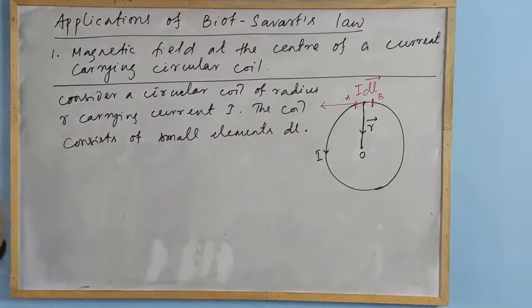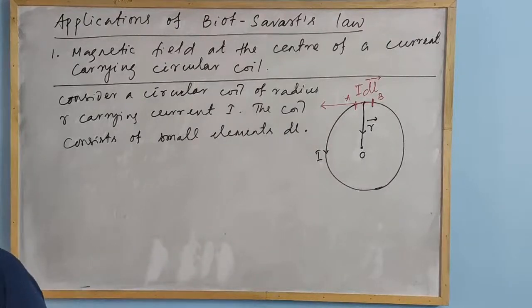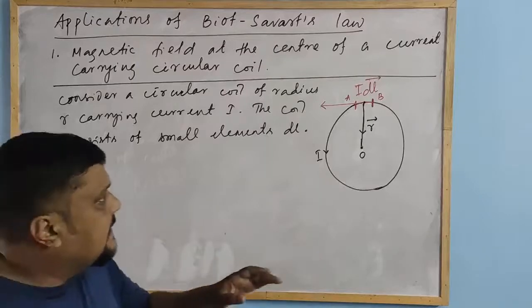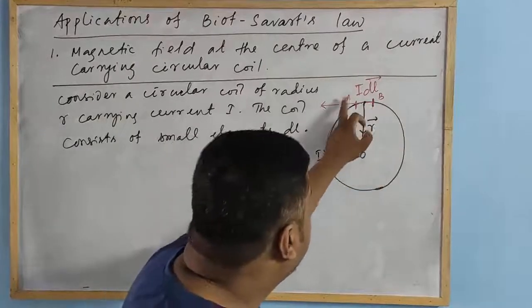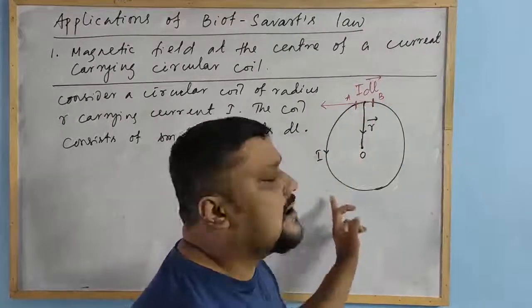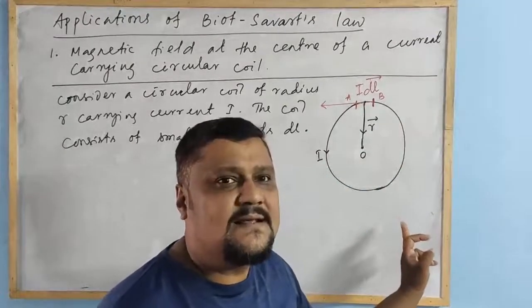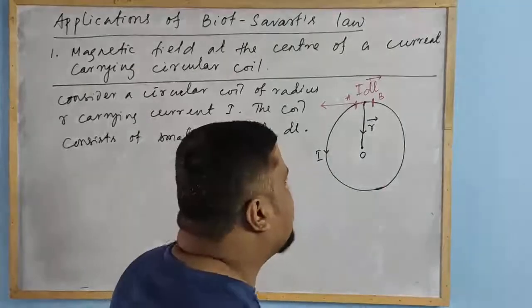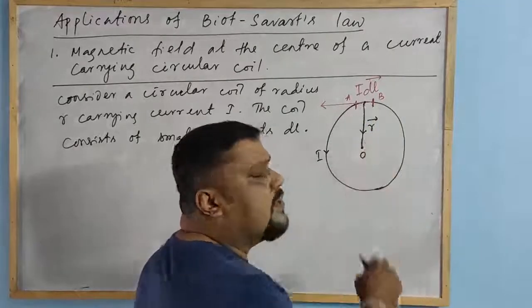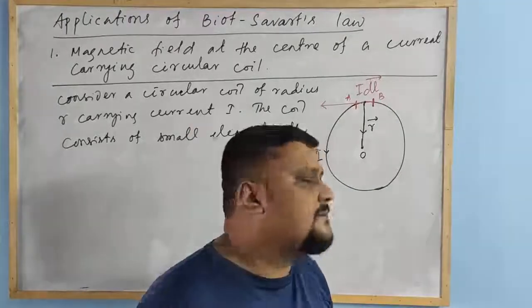For this circular coil of radius R, what is the length of this coil? The length of this coil is the circumference. What is that length? 2 pi R. The total length, if the radius is R, is 2 pi R. You already know that, we will apply that.